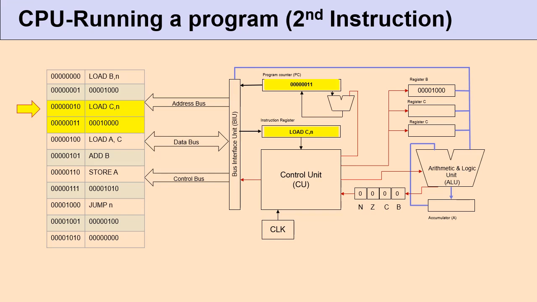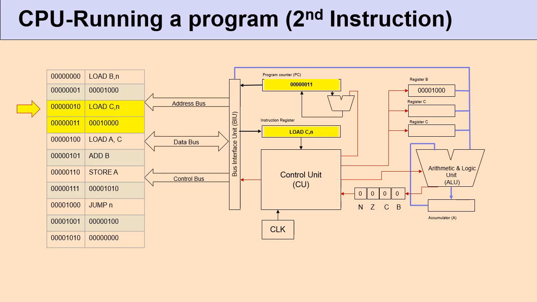So again, the control unit will initiate another read cycle to load the data item immediately following the last instruction, at 00011, and then transfer that to register C.